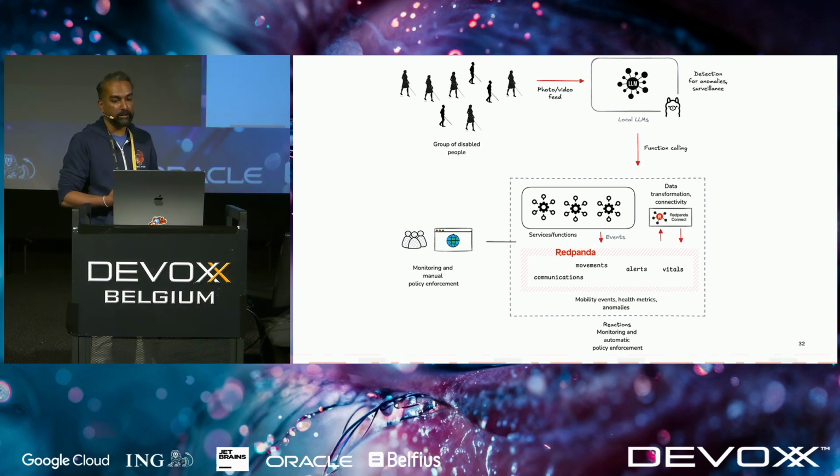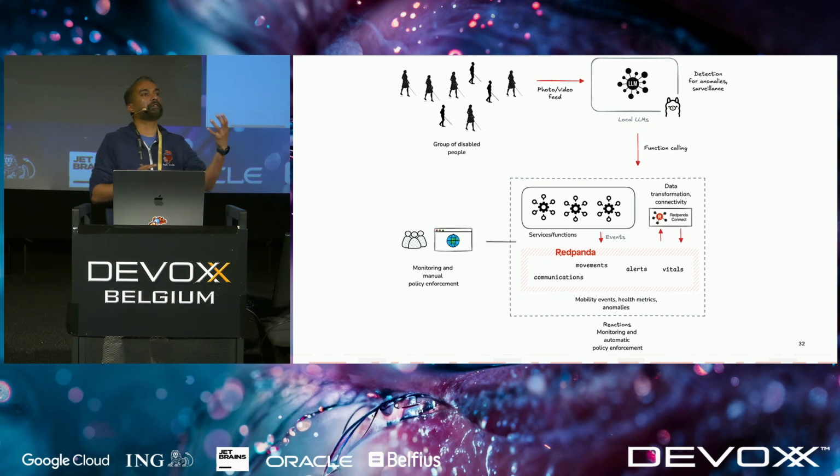LLMs can call functions, and we can chain them together with a framework like LangChain and build some kind of orchestration. These orchestrations can fire events, and these events can be collected into a streaming data platform, something like Red Panda or Kafka or anything with similar capacity.